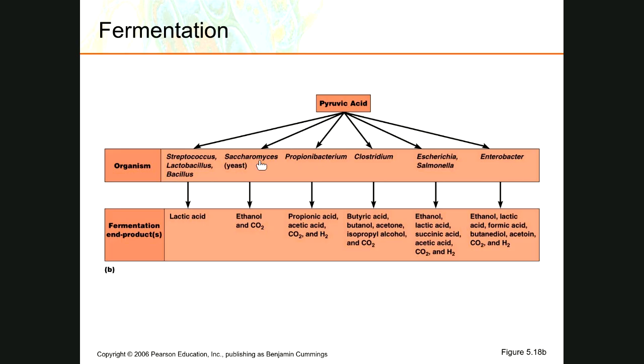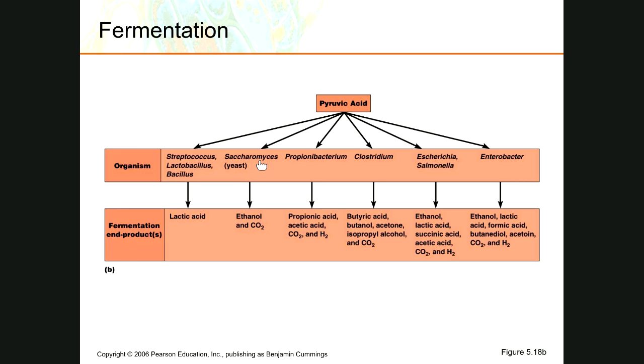Yeasts are single-celled eukaryotic microorganisms, and they produce ethyl alcohol and carbon dioxide gas. So your beer, wine, champagne, the alcohol is produced by the yeast, and the CO2 makes it bubbly. And if you mix yeast with flour and water and a little sugar, the yeast ferments and the dough rises.